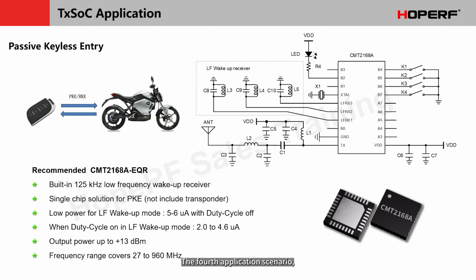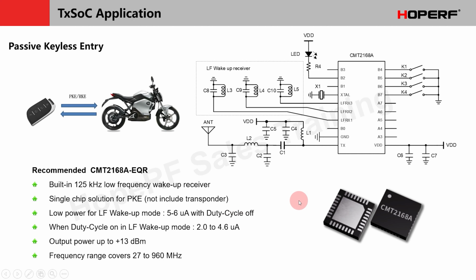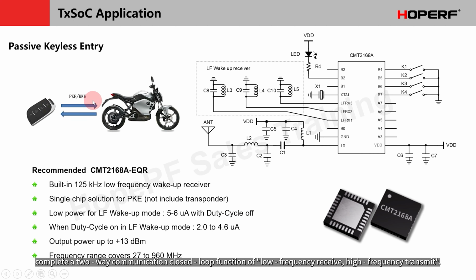The fourth application scenario is our PKE, passive keyless entry, solution for motorcycle keyless ignition. The prerequisite for implementing this solution is the need for a low-frequency receiver, which can achieve low-power low-frequency wake-up and low-frequency data communication, and then respond through high frequency. This completes a two-way communication closed loop: low-frequency receive, high-frequency transmit.